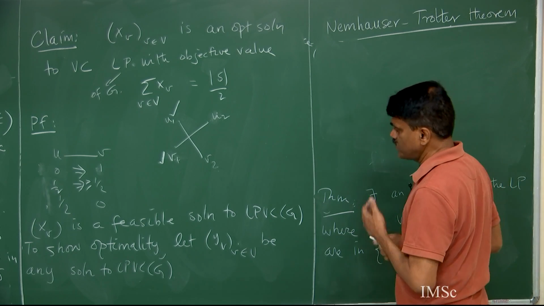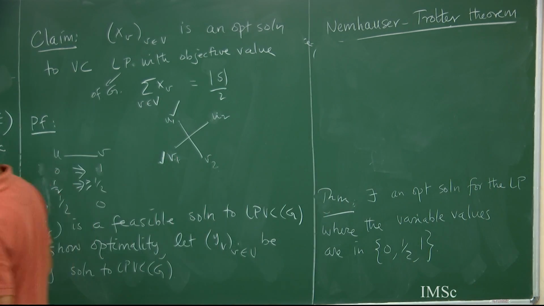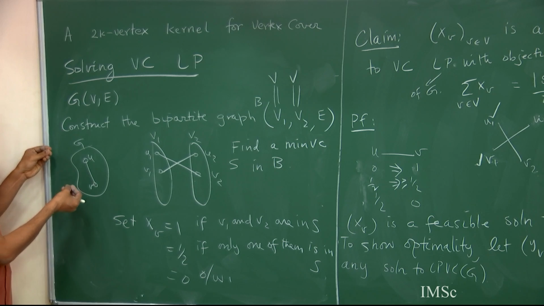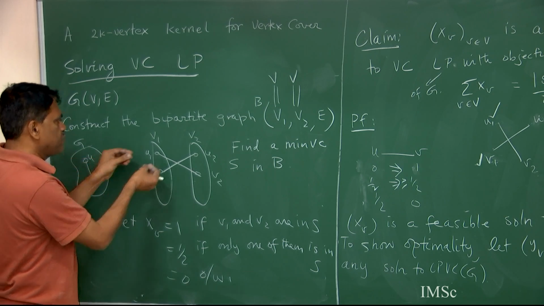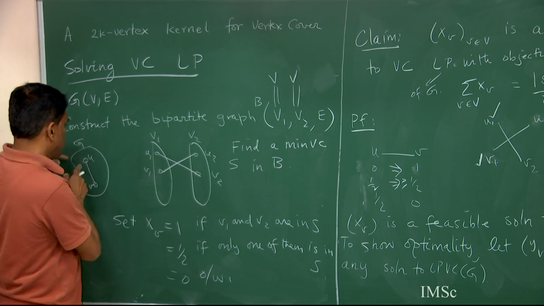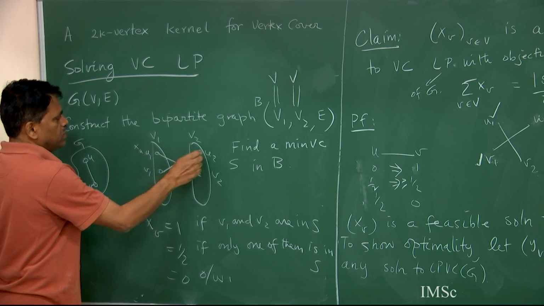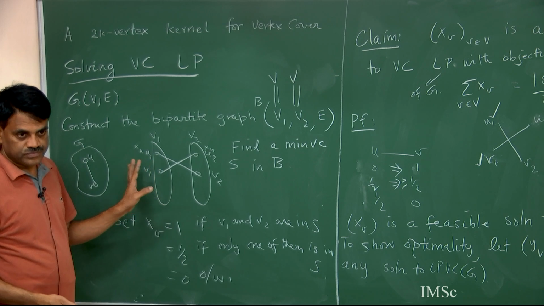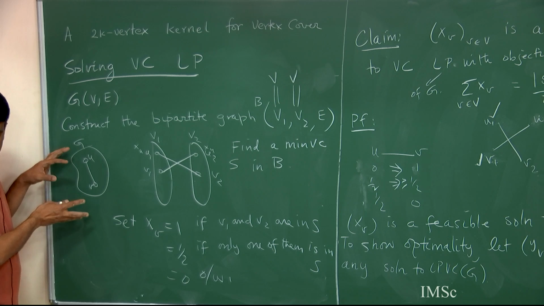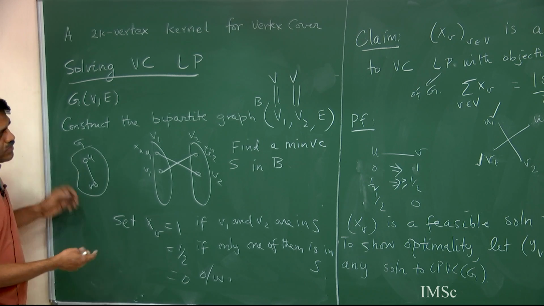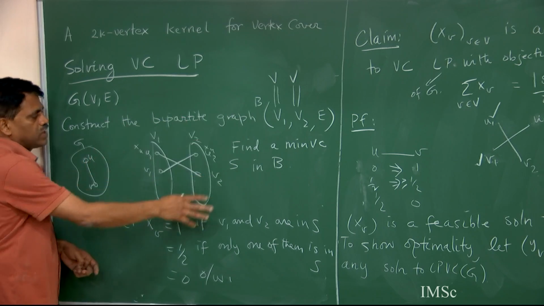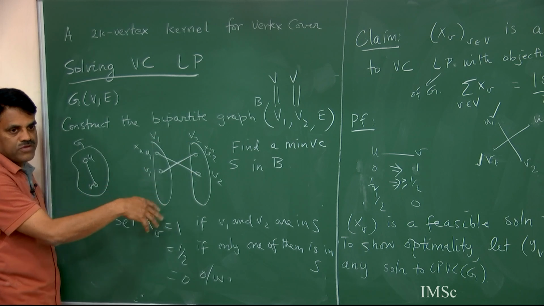Then, so now let's say somebody has given me a solution to this LP. Okay, so that means that for every vertex there is a value. My LP gave me some value. I will give that value to both copies, right? So whatever xu is, I am going to put that value here and look at the bipartite vertex cover LP value. Okay, so I take the LP value from the graph, the vertex cover LP, somebody gave me this LP solution which is y. From here I am going to produce a solution for the vertex cover LP for the bipartite graph.